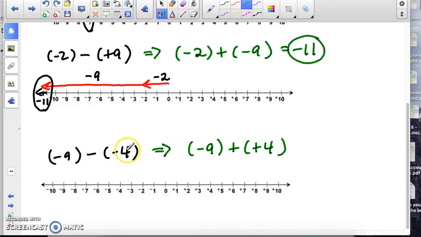In this case, 2 negatives equals 2 positives, which actually makes this equation a lot easier to solve. So again, the same process as before. You're going to take your red pen or your pencil, and you're going to go from 0 to negative 9 right here, right? So 0 to negative 9.